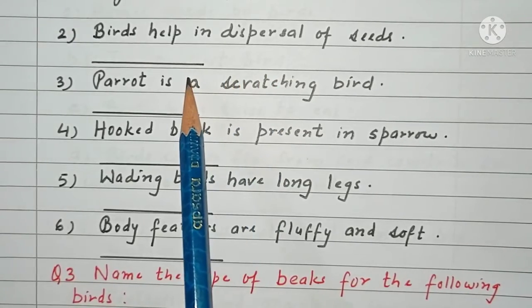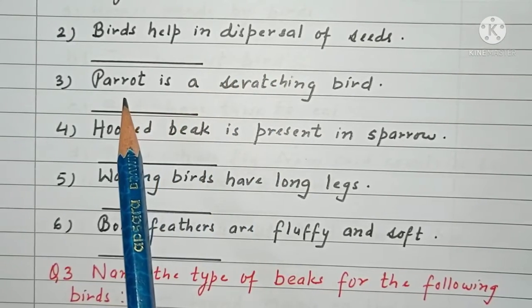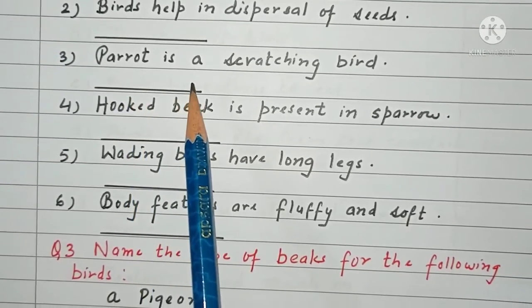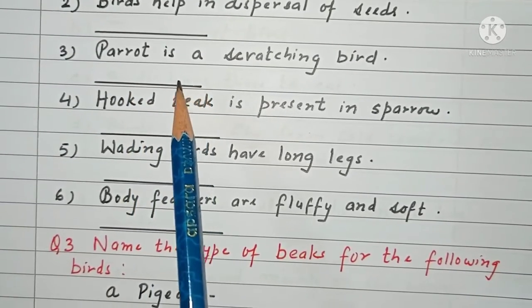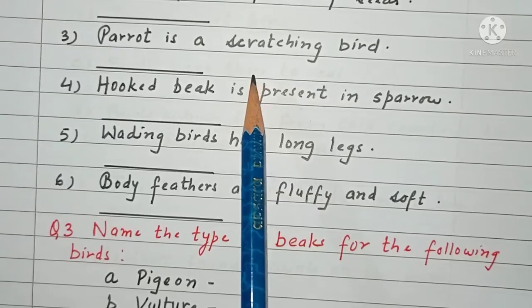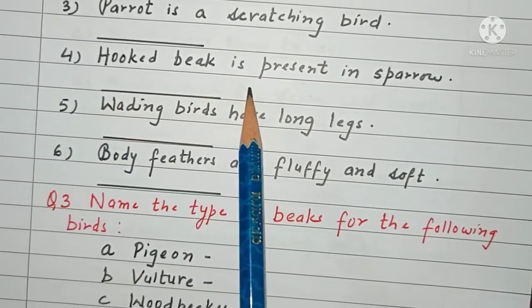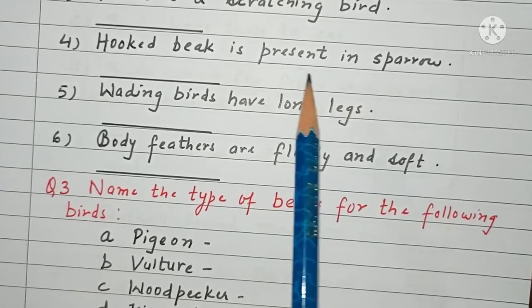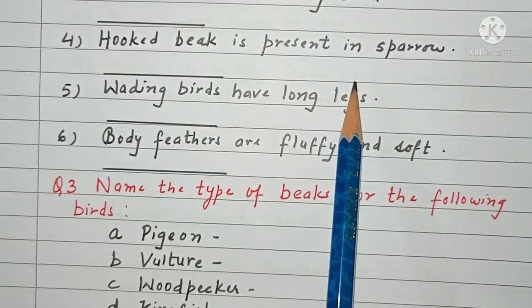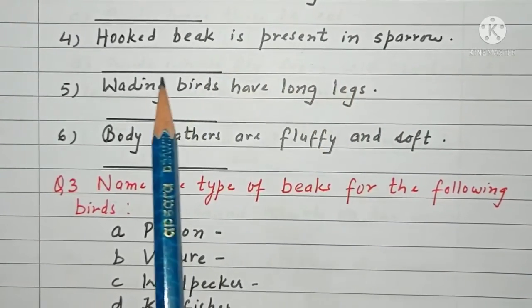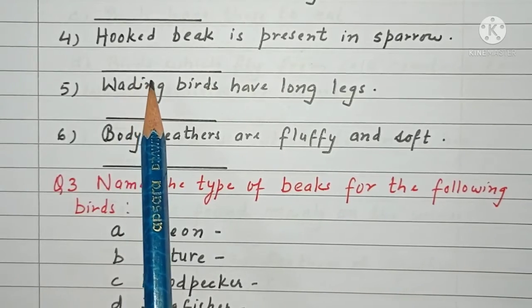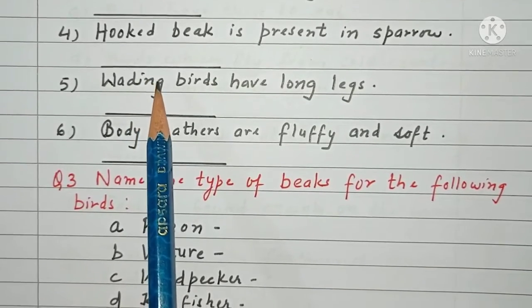If not, write false. Children, have you seen parrot scratching the ground? So is parrot a scratching bird? Number 4, hooked beak is present in sparrow. Now as we know, sparrow is a grain eating bird. So does it have a hooked beak? Just think and answer.